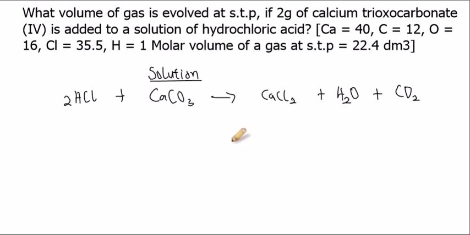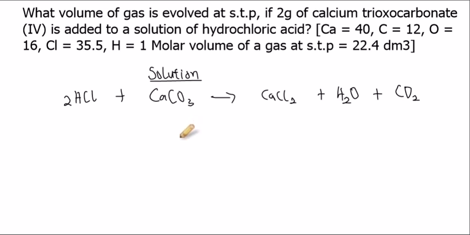In the question we have to determine the volume of gas evolved. So what is the gas evolved here? The gas evolved is carbon dioxide at s.t.p. And at s.t.p, the molar volume of a gas is 22.4 dm³. So to determine the volume of the gas at s.t.p, we need to know the number of moles of the gas that was evolved.